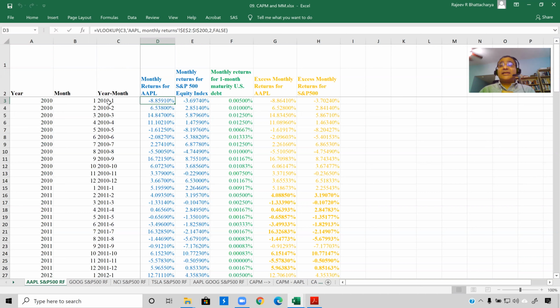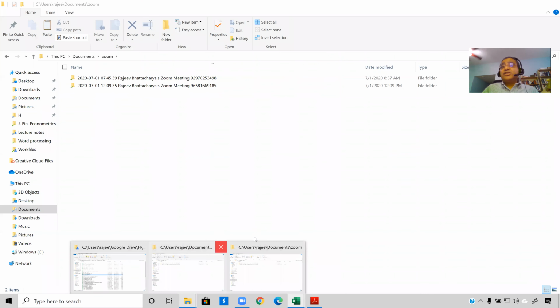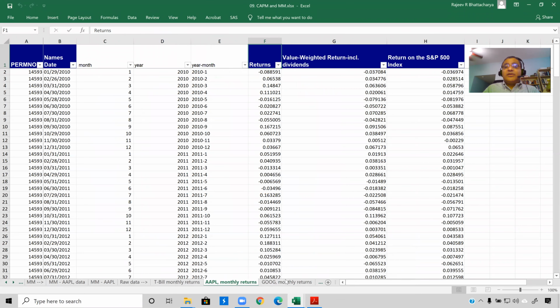But in Excel you also need to keep track of which particular column. In this case, you can see you're looking up C3 from the data in the worksheet AAPL monthly returns. That's not too bad. The difficult part is looking at the raw data, because Excel does not actually recognize the field names.